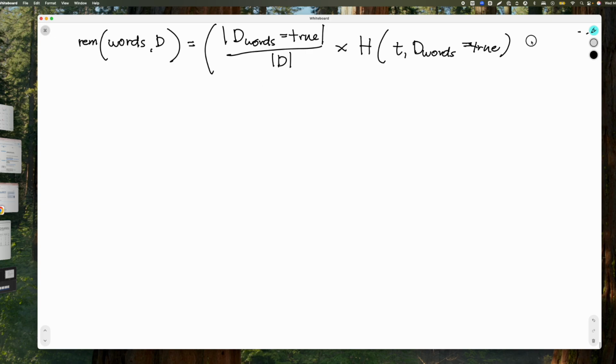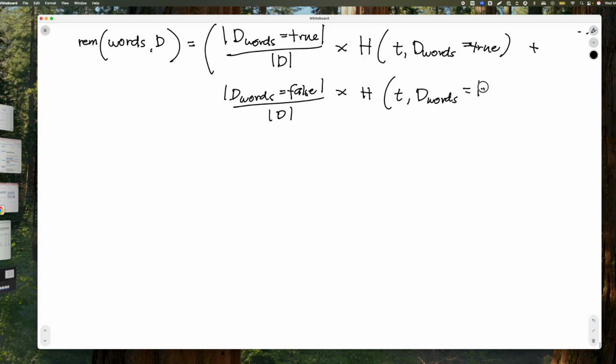Plus d words is equal to false over absolute value of d times H, entropy that d words is equal to false.